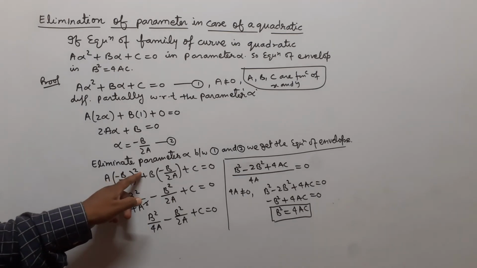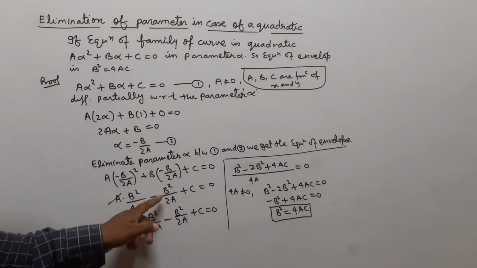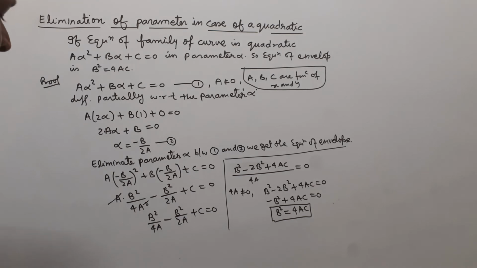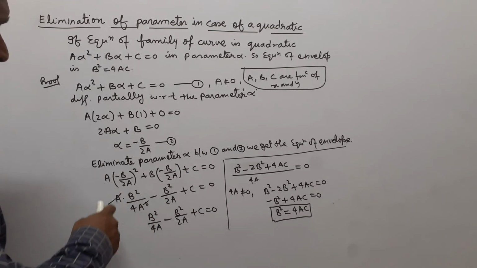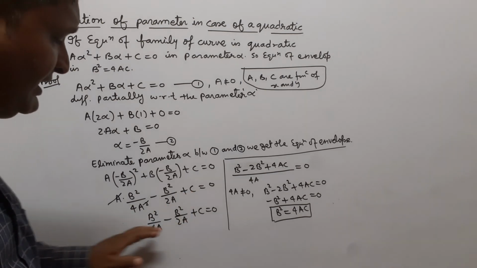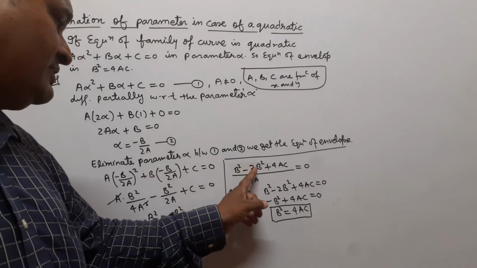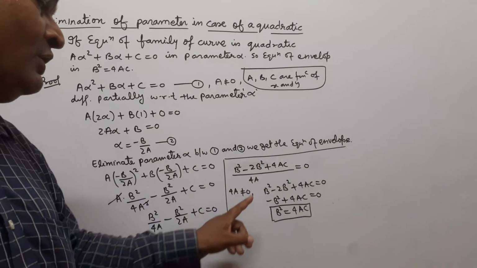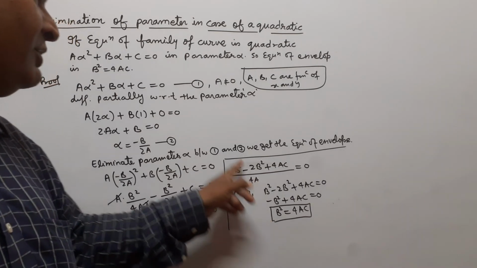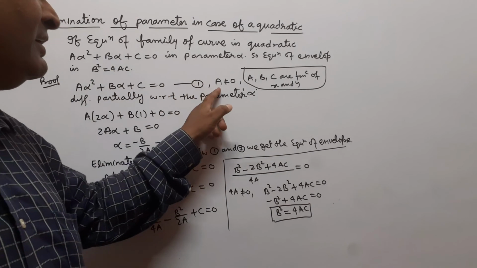So minus square is plus here, this is b square, 2 square, this is 4a square, and plus and minus multiplying gives minus, b multiplied by b upon 2a, plus c. Now this a is cancelled by this square, so b square upon 4a minus b square upon 2a plus c equal to 0. Taking LCM 4a, this can be written as b square minus 2b square plus 4ac equal to 0. 4 cannot be equal to 0 and a also cannot be 0, because this is a quadratic equation in parameter alpha, so a can never be 0.